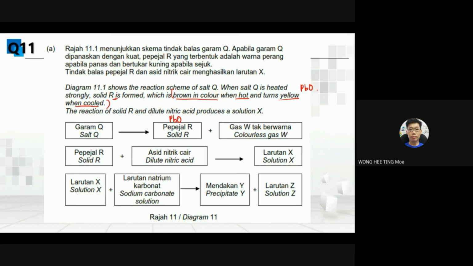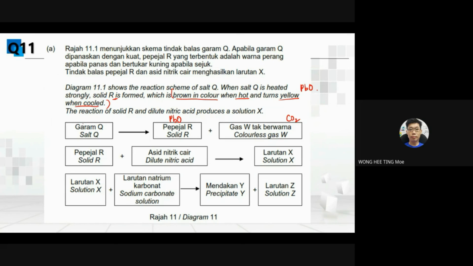So when we talk about when you heat the salt, right? There are 2 possibilities only. Nitrate salt and carbonate salt. Okay, so if only one type of gas is released, so what is it? Carbon dioxide. If 2 gases, it will be nitrogen dioxide and then oxygen. If there are 2 here, but here only 1, we know it's carbon dioxide.